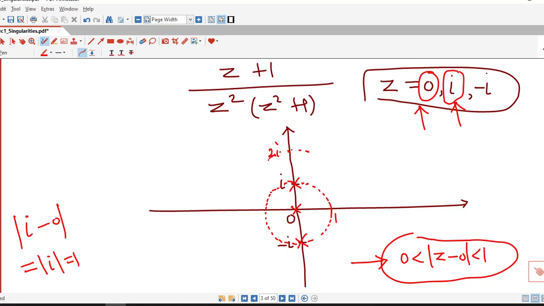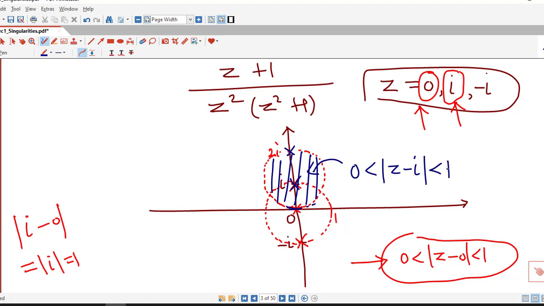So if we consider the circle with center i and radius 1, we will obtain this circle. The center of this circle is i, the radius is 1, so it will not include this point and this point also, and if we exclude i from this, then this is the deleted neighborhood of the point z equal to i, with radius 1, and this deleted neighborhood does not contain z equal to 0 and minus i, and also z equal to i is excluded.